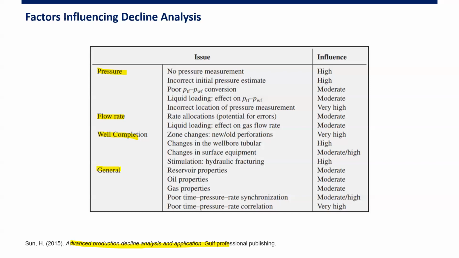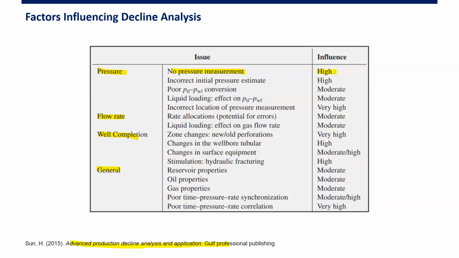We start from pressure. So let's say you want to perform decline curve analysis or any other type of decline analysis. If you don't have pressure measurement, no pressure measurement, it will highly influence your conclusion. So be careful.